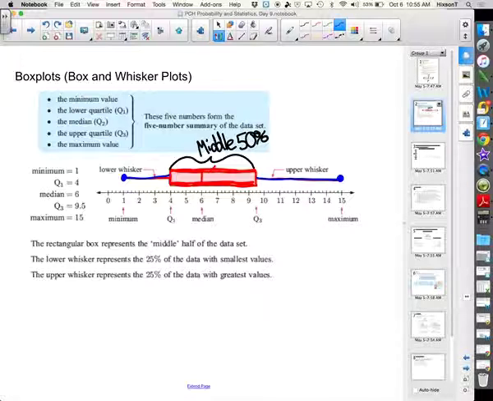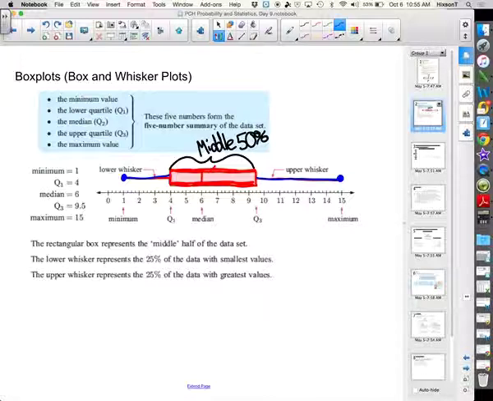The numbers are closer together in the bottom 25. Okay, yeah, the numbers in the bottom 25% are closer together. And obviously then in the top 25% they're spread out a little bit more. So good, that's a good observation.